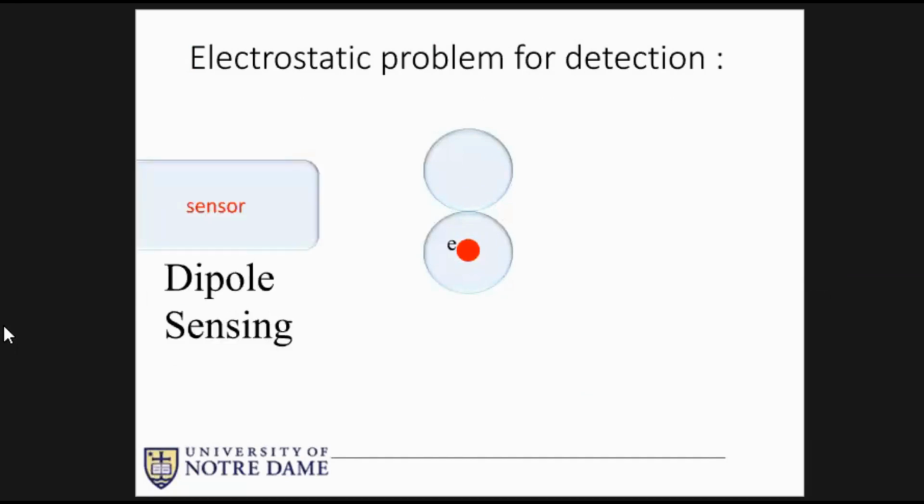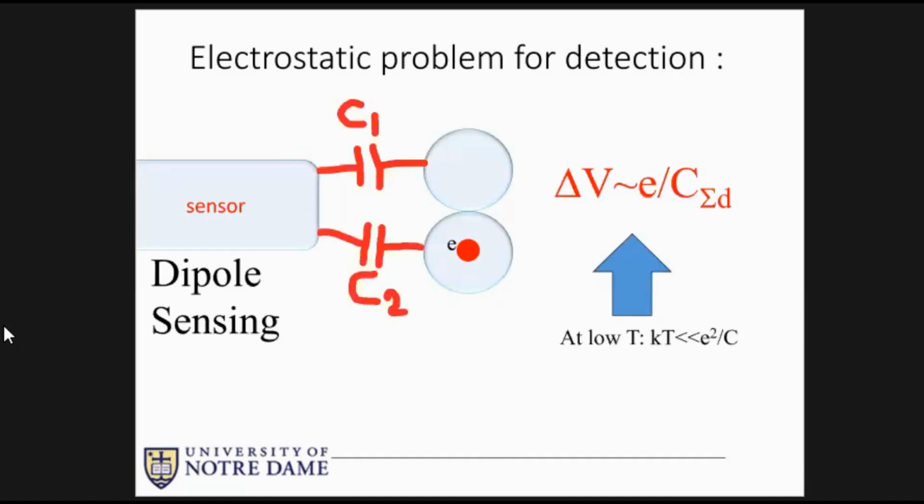If you bring a sensor and couple it equally to both of them, of course there's no signal, because they'll be just killing each other. The voltage generated by this charge switching is proportional to the characteristic charging energy, where C sub sigma is the capacitance of such an object.